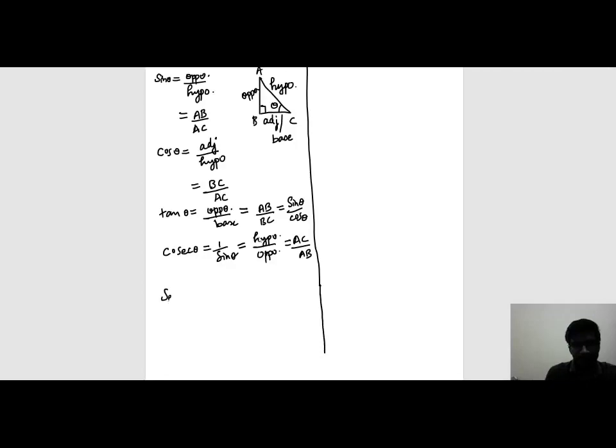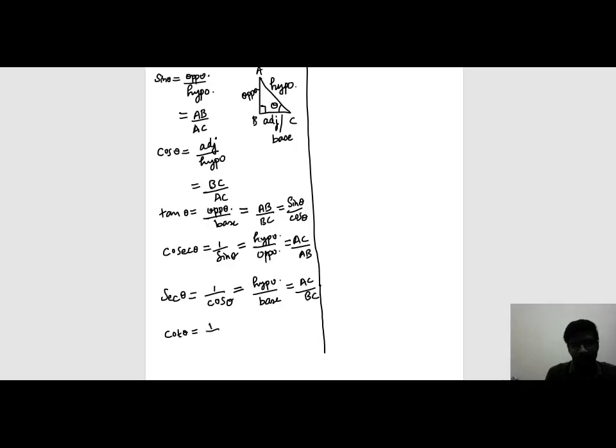So first one is sec theta. That is the complementary of cos, so 1 divided by cos theta. That will be equal to hypotenuse divided by base or adjacent side, that is AC by BC. The last one is cot theta.